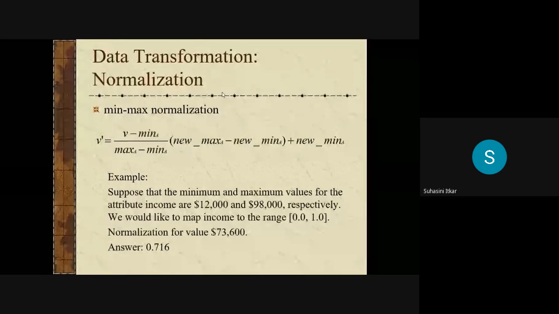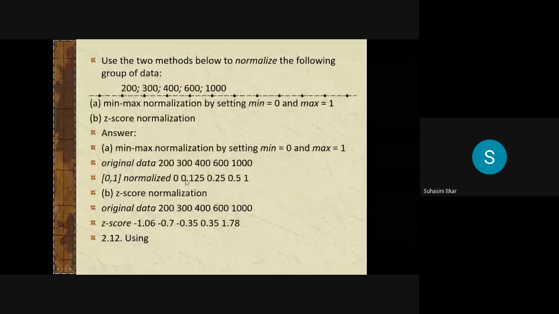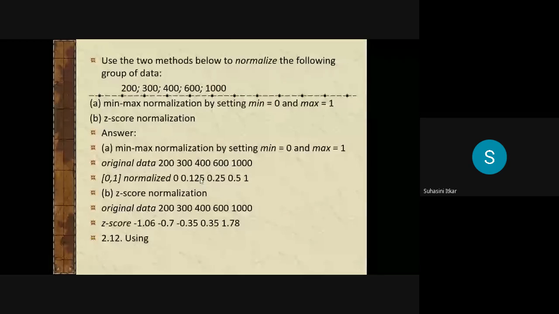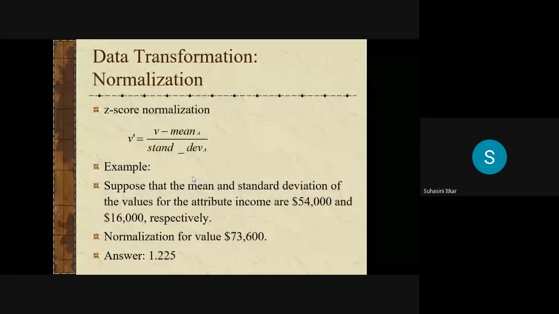Yes, 0.125 is the answer for the normalized value of 300, correct. And for 1000, it is 1.